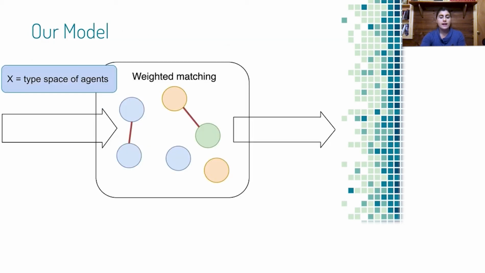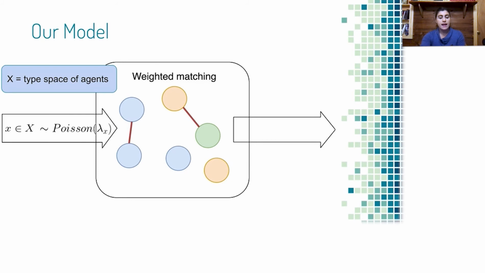Okay, so what exactly is our model? Our model is weighted matching where you have some X, which is the type space of agents. Different nodes arrive into our system of different types, and the arrival rate is determined by the particular type.